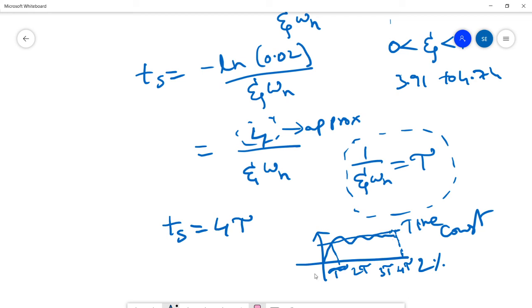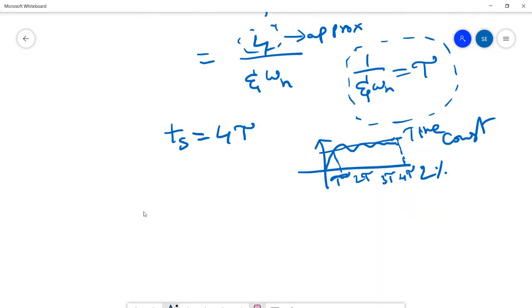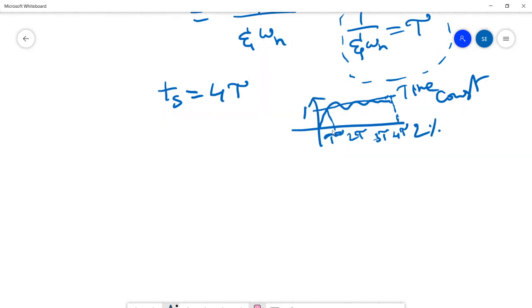Usually the time constant is the time taken for the process to reach the maximum value; if this is 1, the nearest value is the rise time. If your process rise time is 1 tau, then 4 times tau is your settling time. This is when you take a 2% band, 2% tolerance.